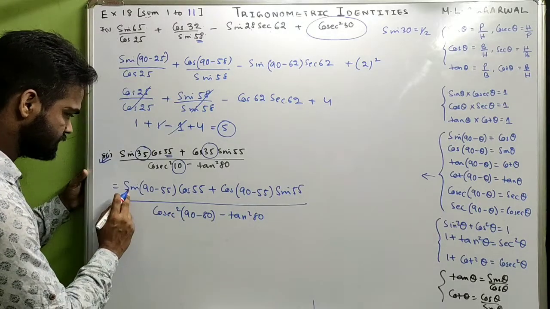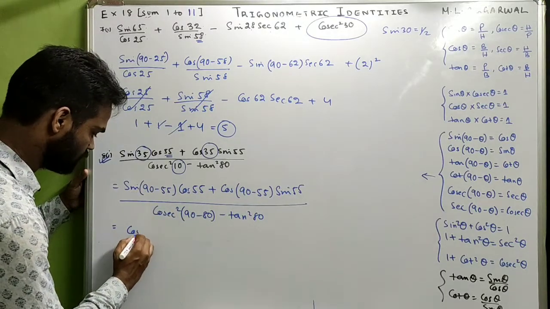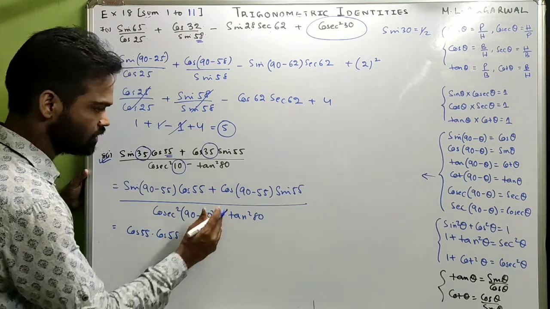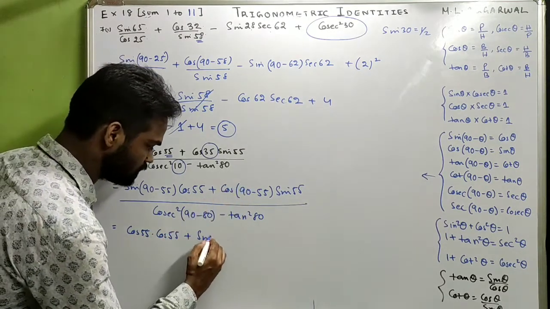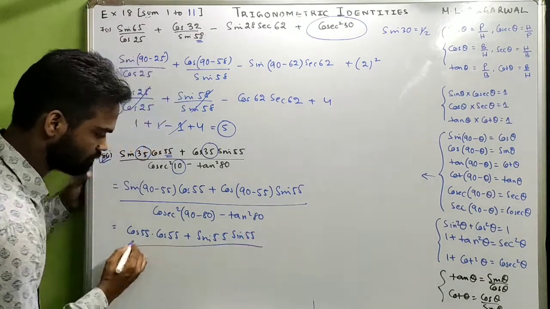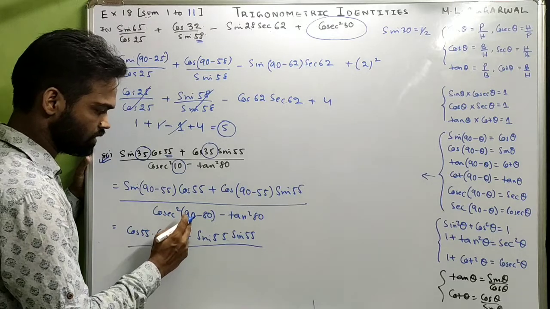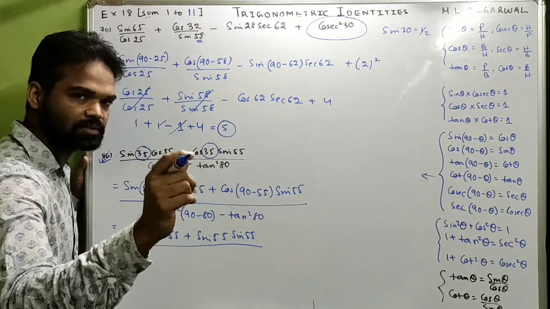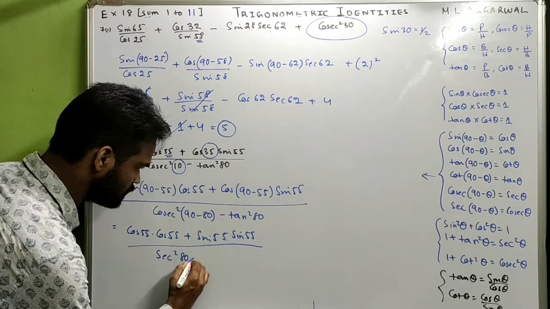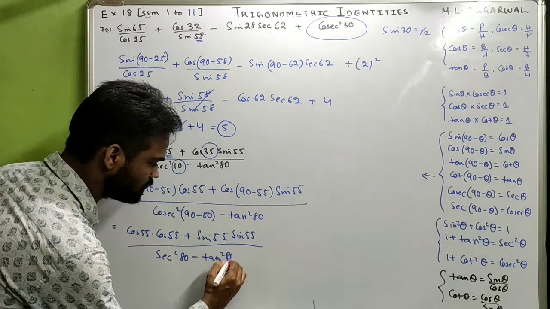Now look at the changes. Sine 90 minus theta is cos theta, so cos 55 multiplied by cos 55 plus cos 90 minus theta is sine theta, sine 55 multiplied by sine 55. Cosec 90 minus theta is sec theta, so this will be sec square 80 minus tan square 80.